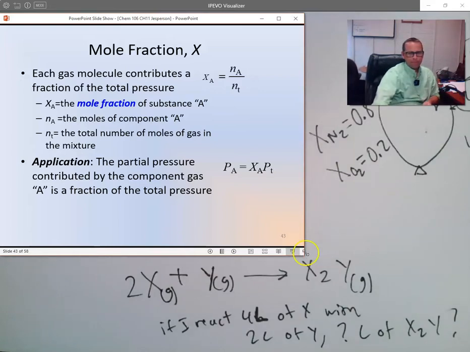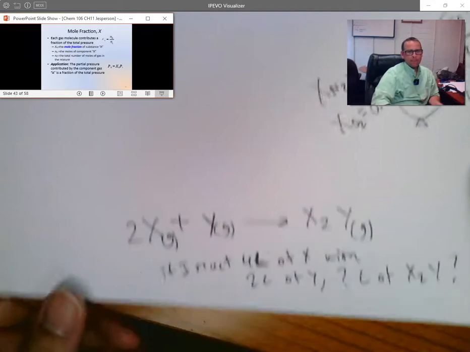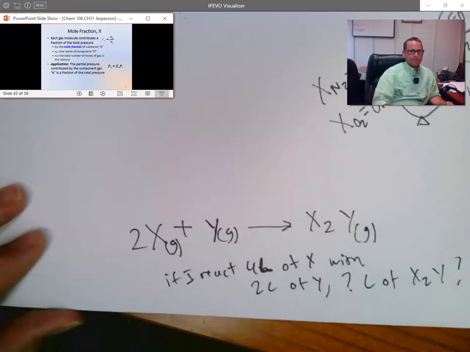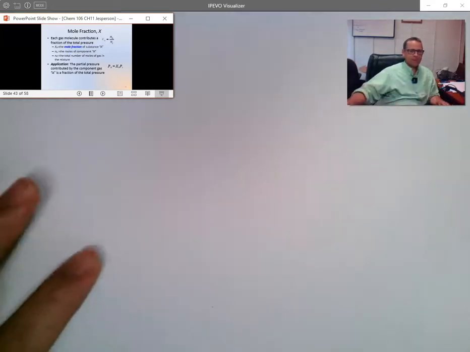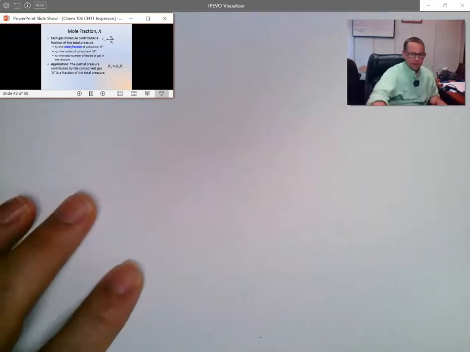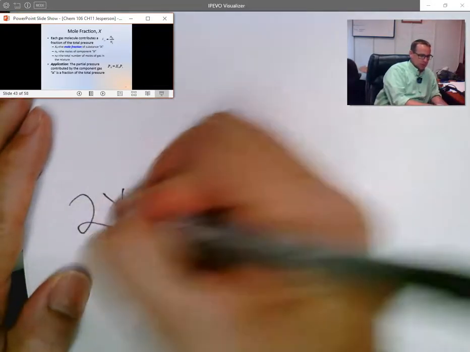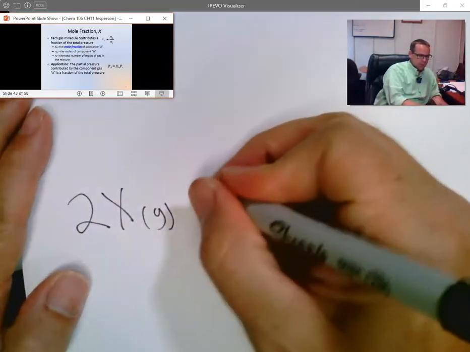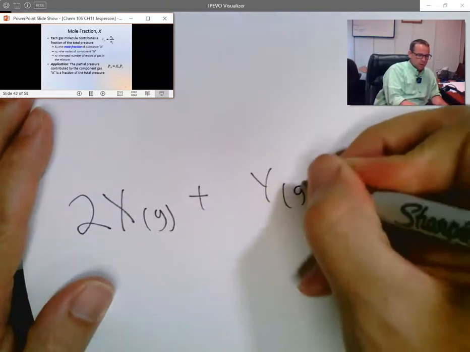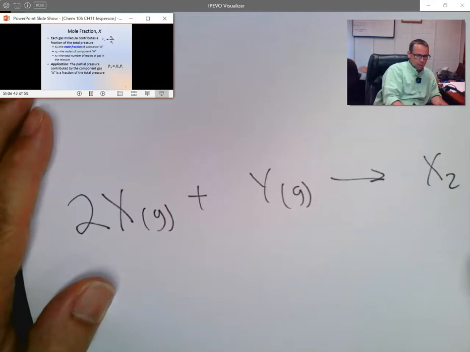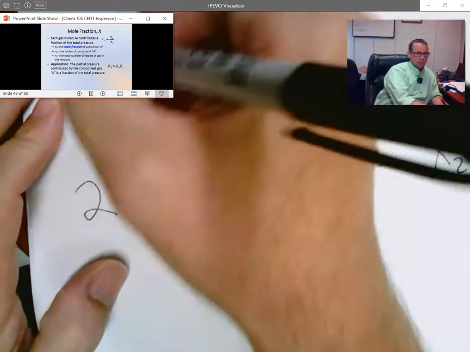Also, we're going to have to use the ideal gas law, the PVT. Let's learn this. Very important here. 2 X, gaseous phase, 1 Y, gaseous phase, going to X2Y, gaseous phase. Here's the first one.